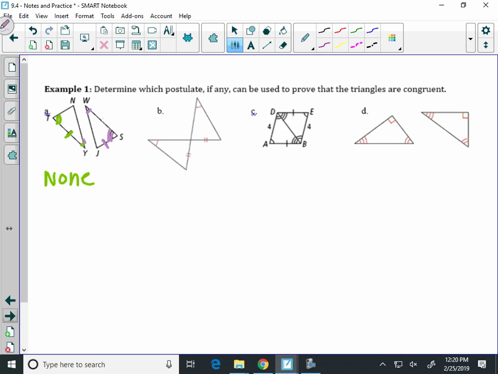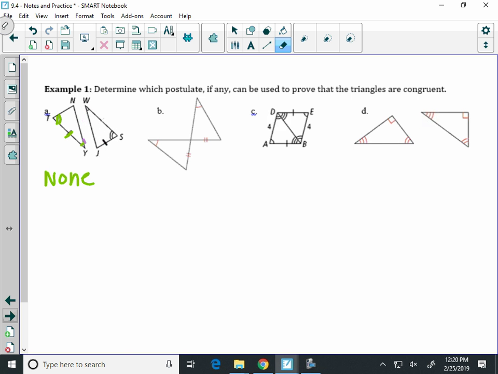You can only skip one thing. If we go the other direction, we have an angle, we can skip this side and then go to the angle. We're allowed to skip one thing. But if we skip this side and then skip this angle, we're skipping two things, you're not allowed to go that direction. You can only skip one thing. So that's why none of these work.